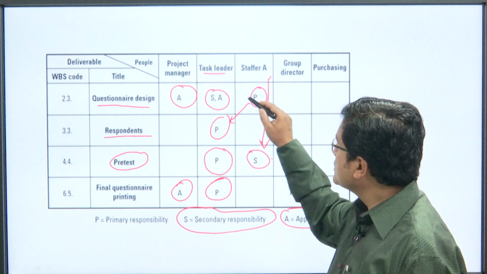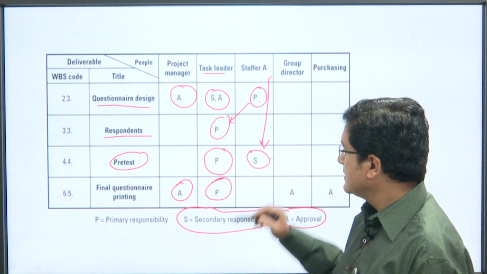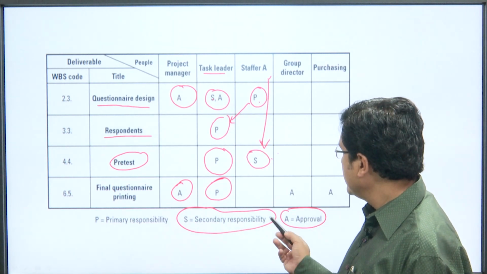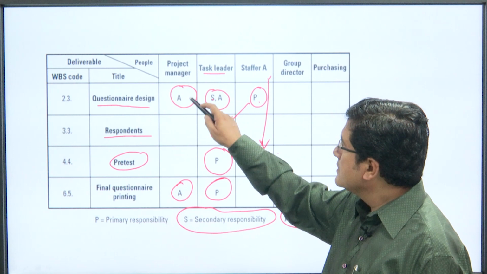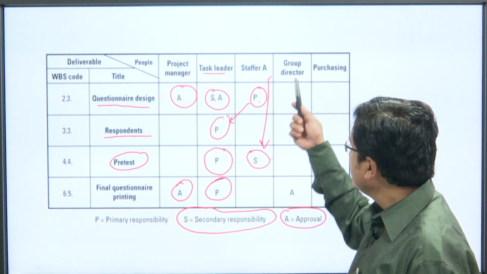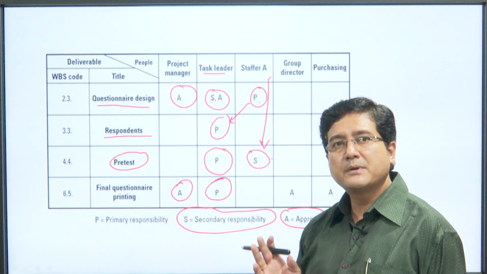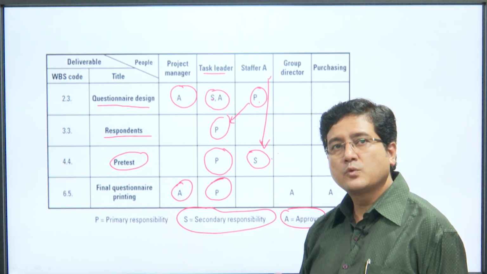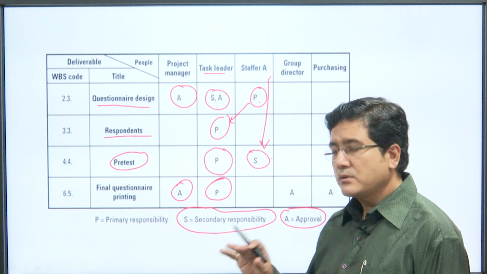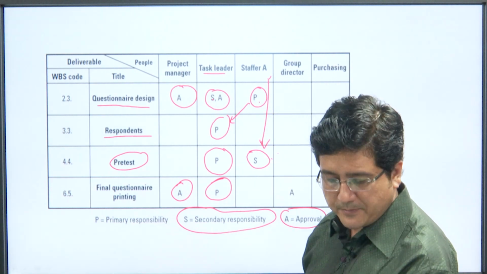Here P is primary responsibility, S is secondary responsibility, and third, A is approved. So the questionnaire is approved, is a responsibility, or we can also give the name of the person to whom we assign the task. So this is called a matrix.